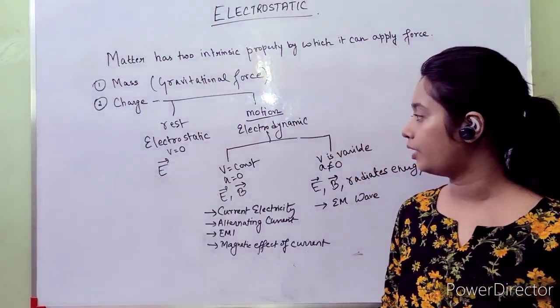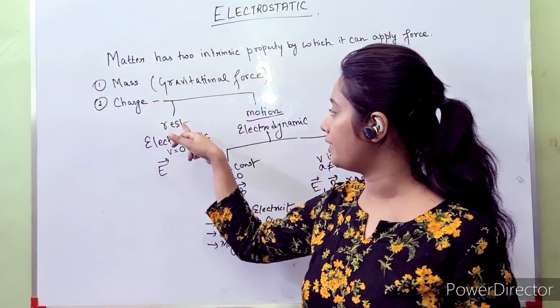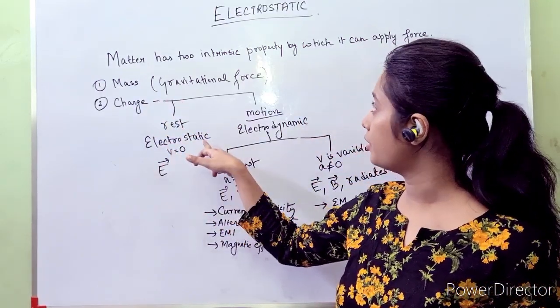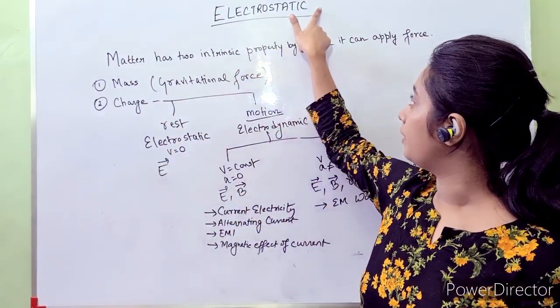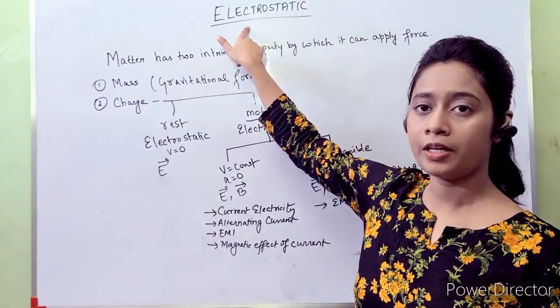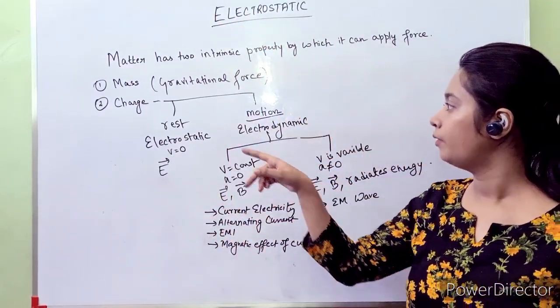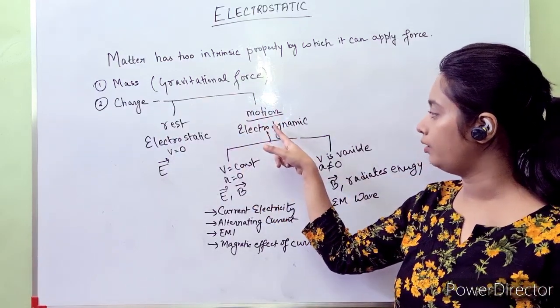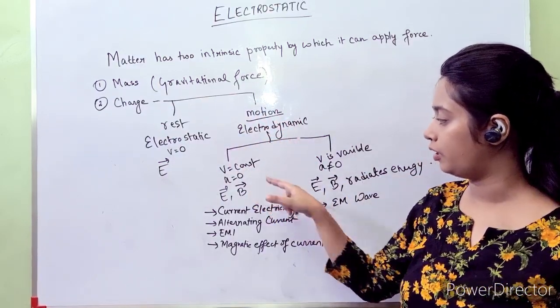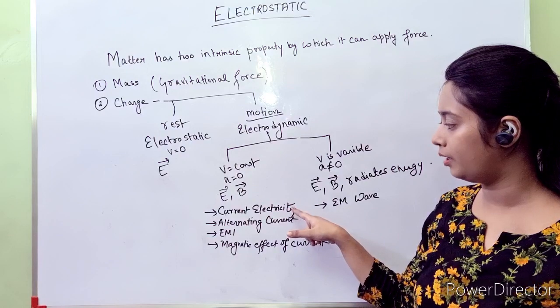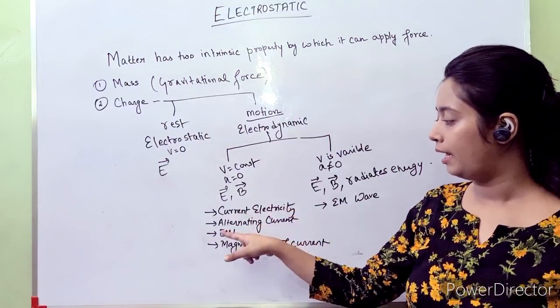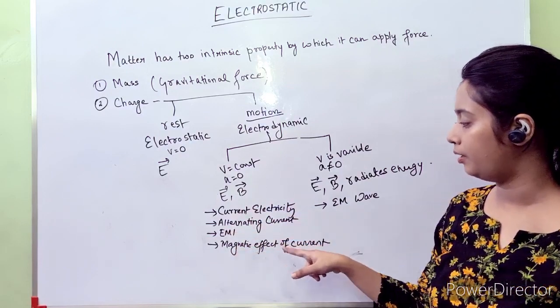Okay, the chapter that will cover when the charge is at rest is electrostatics. Today we will deal with this chapter. This is the first chapter of class 12 physics. Then will come when the charge is in motion, moving with constant velocity. We will have current electricity, alternating current, electromagnetic induction, and magnetic effect of current.